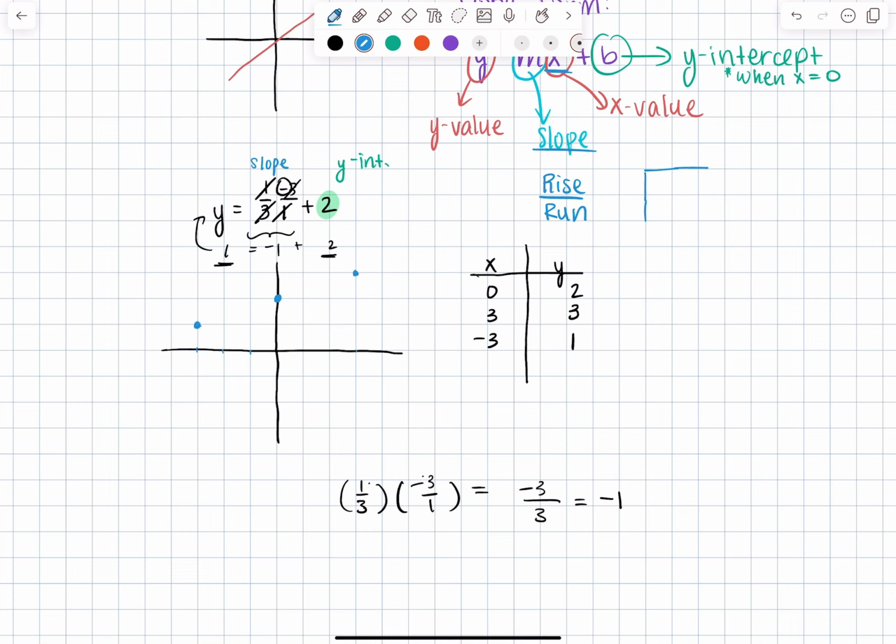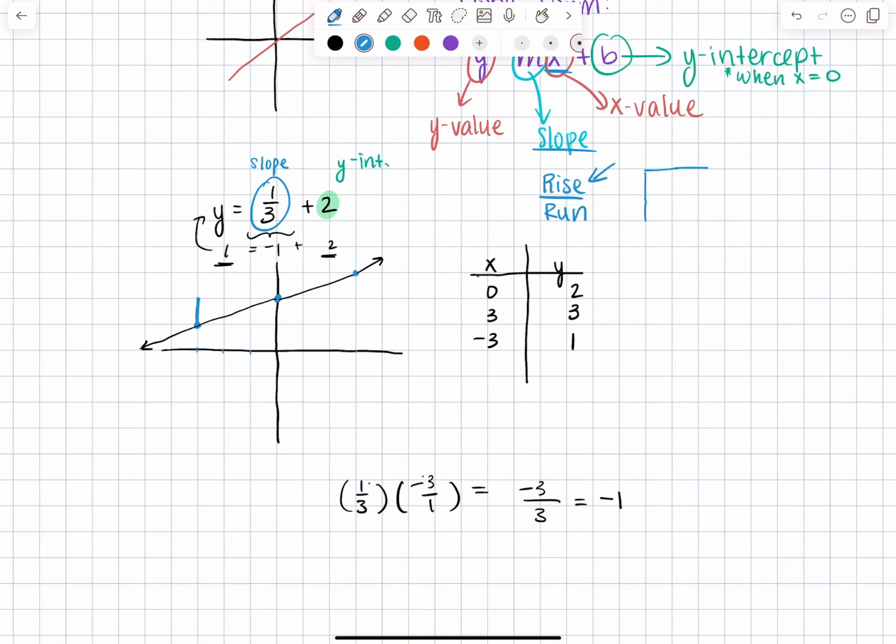Once you've got about 3 points, you can now draw your line, something like this, just going forever. Let's examine the slope. We said our slope was 1 over 3. So rise over run: we're rising up 1.